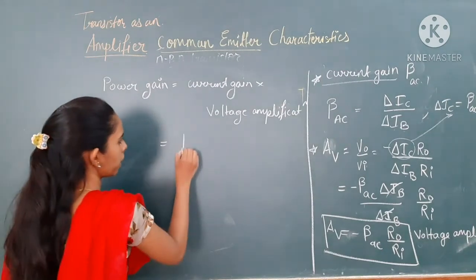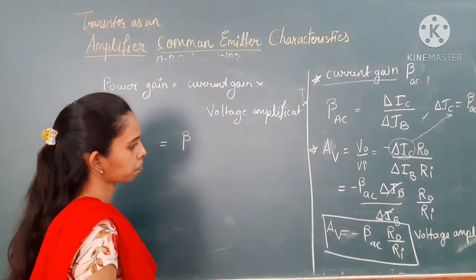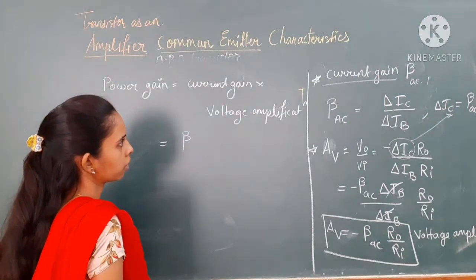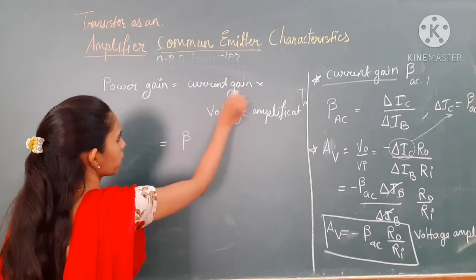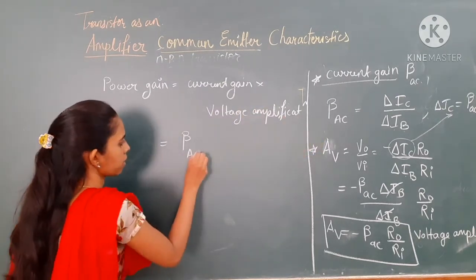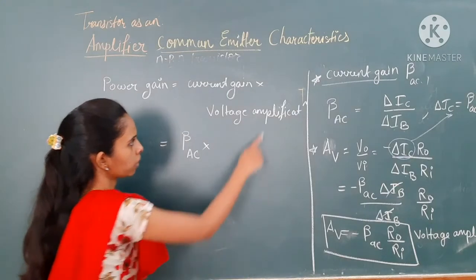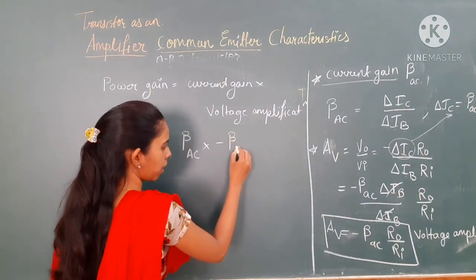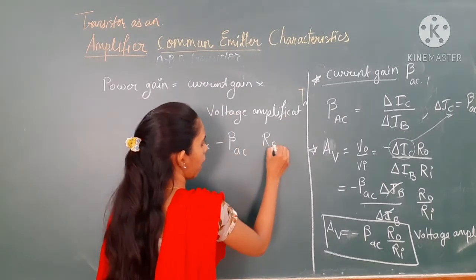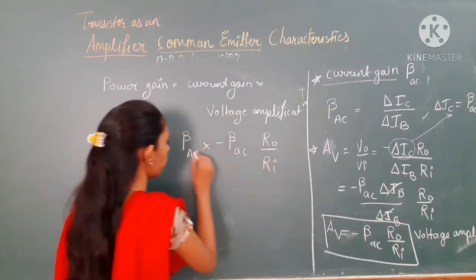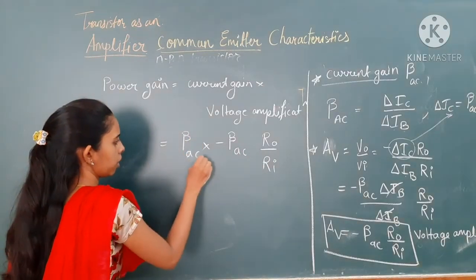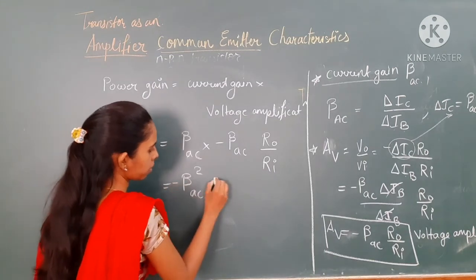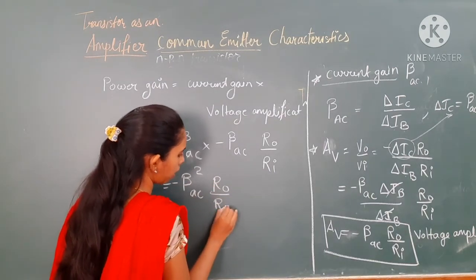It is beta AC. And the voltage amplification is minus beta AC RO divided by RI. So it becomes minus beta AC square RO upon RI.